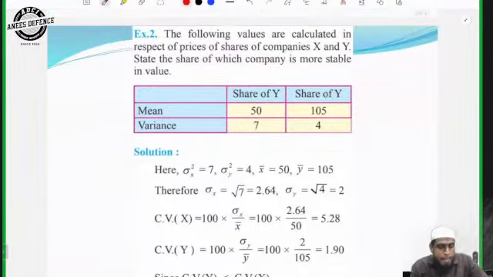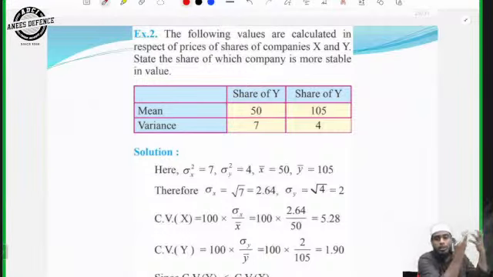Here also, the following values are calculated in respect of prices of two companies X and Y. Which company is more stable? Because X and Y, two companies, their product may be different. Their working atmosphere may be different. Everything is different. But we have to compare X and Y, two companies.